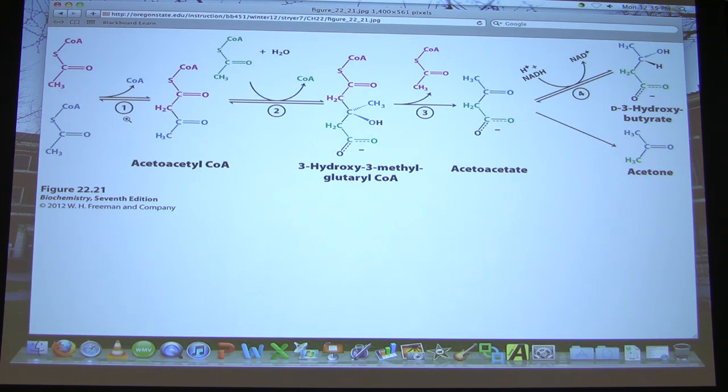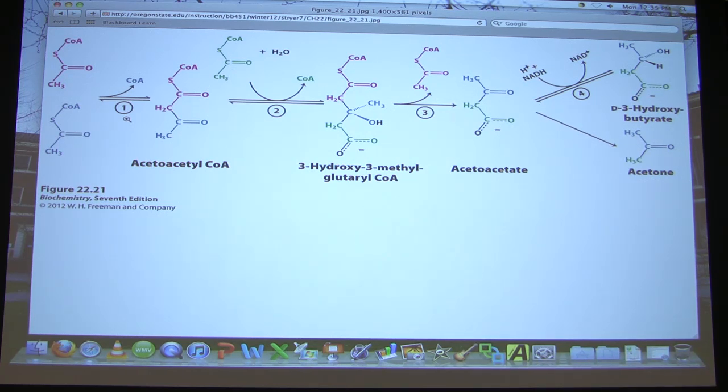You saw this molecule when we were making cholesterol. HMG-CoA, as I pointed out at the time, is also an intermediate in the synthesis of ketone bodies. That 6-carbon intermediate is rearranged and a 2-carbon piece is removed, yielding this 4-carbon guy here, acetoacetate. That's one of the ketone bodies.